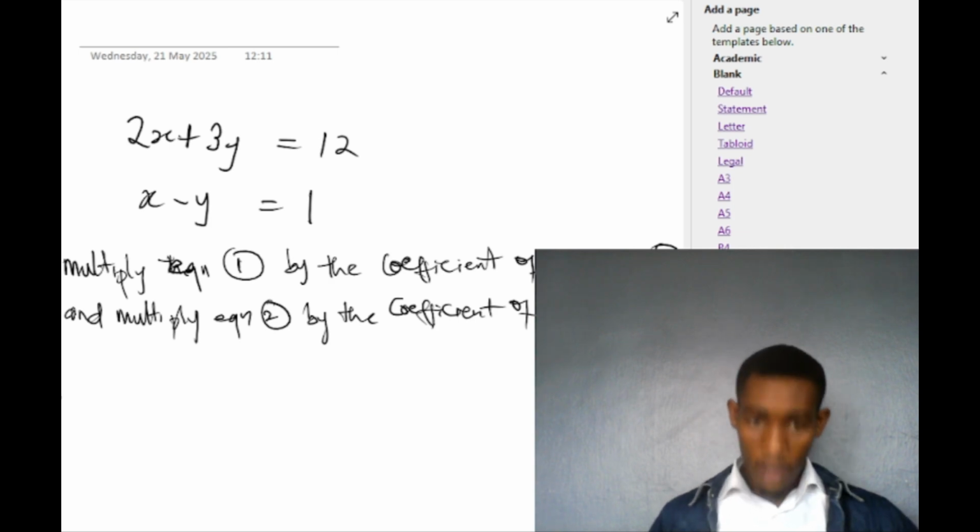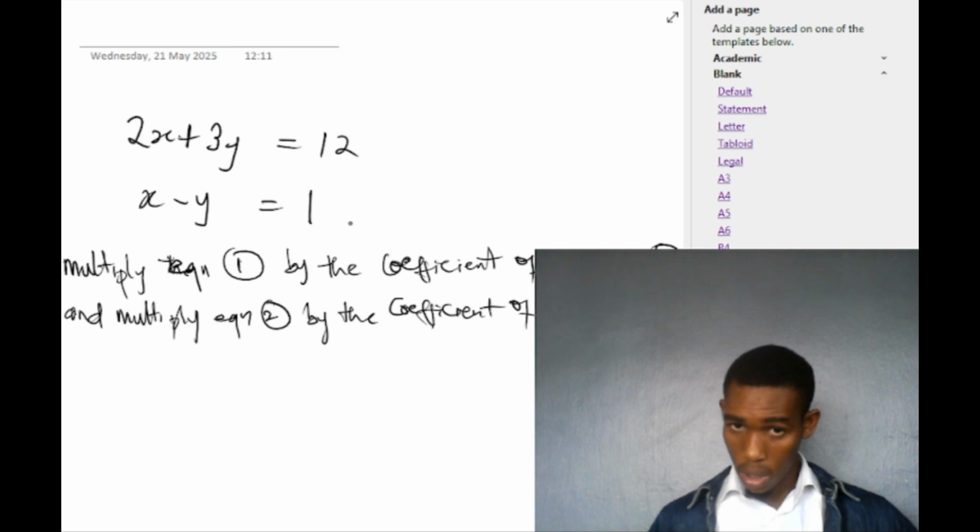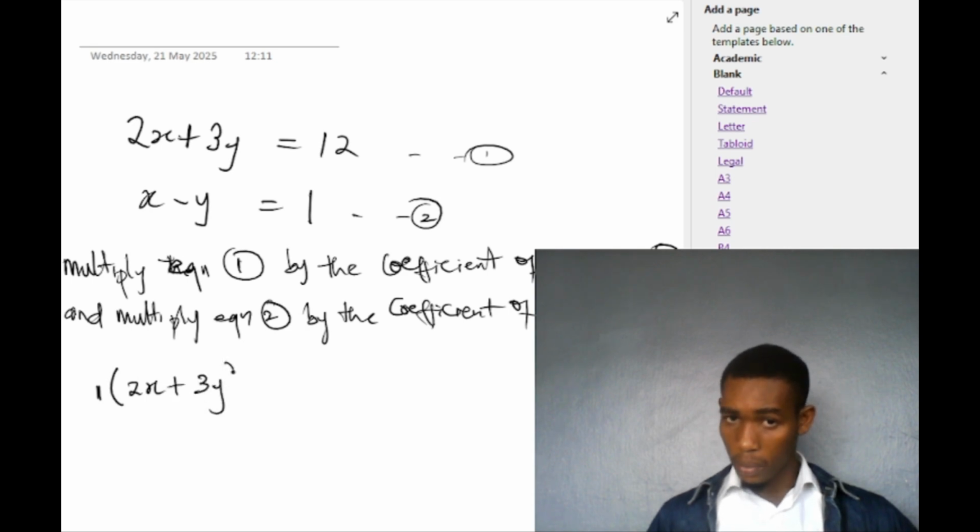So we will have something like this. The coefficient of x in equation 2 is 1, so we're going to have 1 multiplying 2x plus 3y equal to 12.